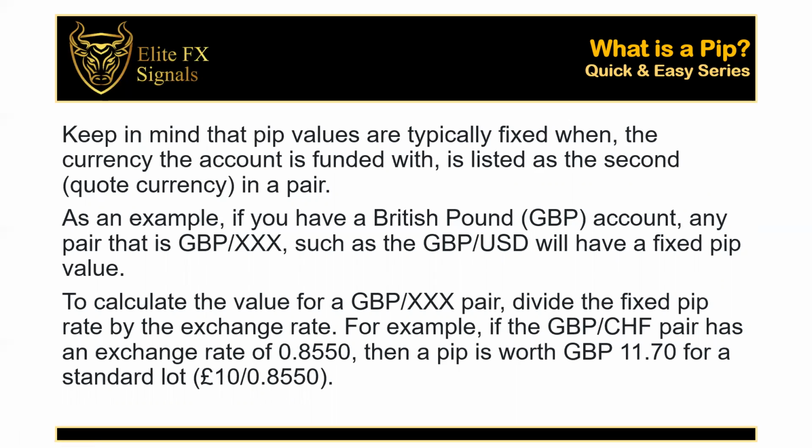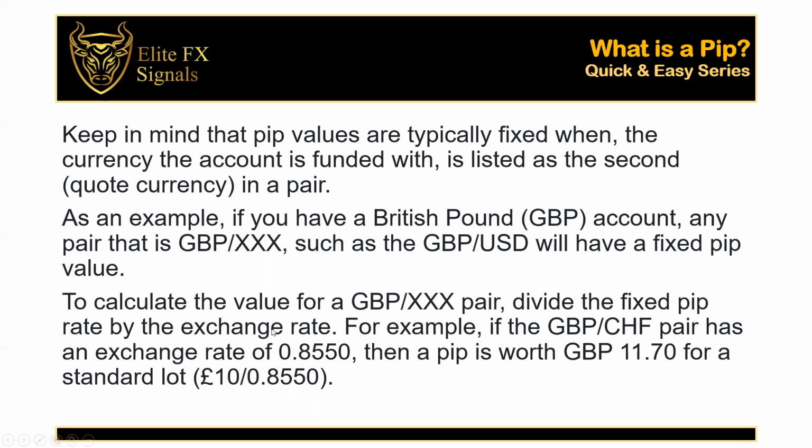Now, using the same logic that we saw previously, if you have a British pound account and you're trading the pound dollar, you will also have a fixed pip value, but this time expressed in pounds. So to calculate the value for a pound whatever pair, like the pound Swiss, for example, you divide the fixed pip rate by the exchange rate, just like we did with the dollar CAD previously.